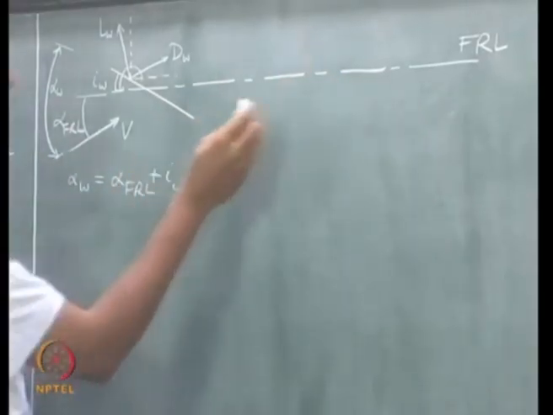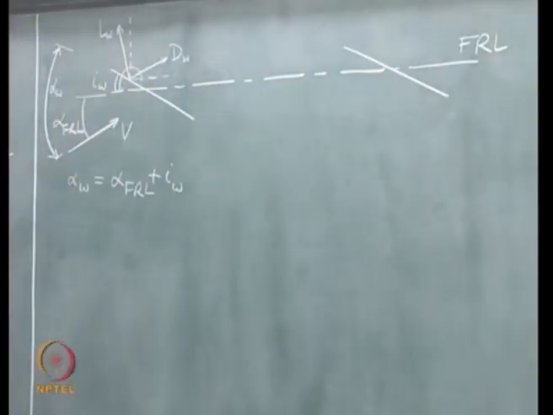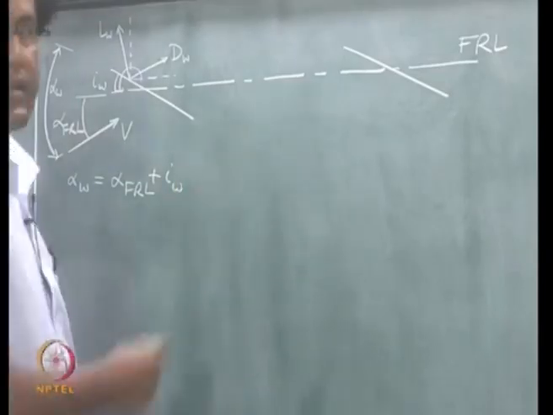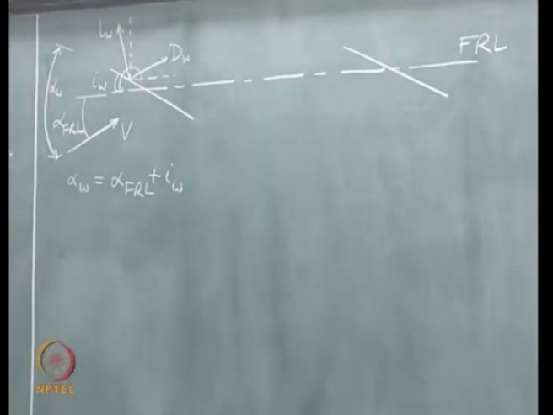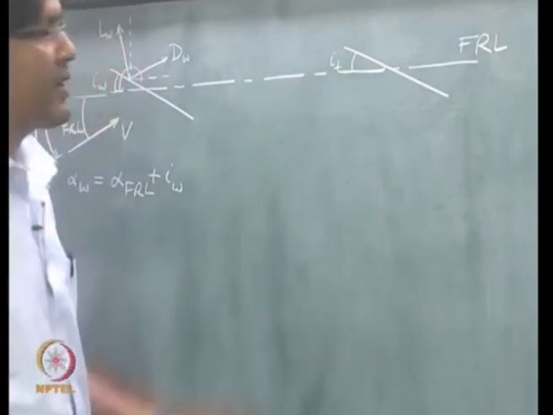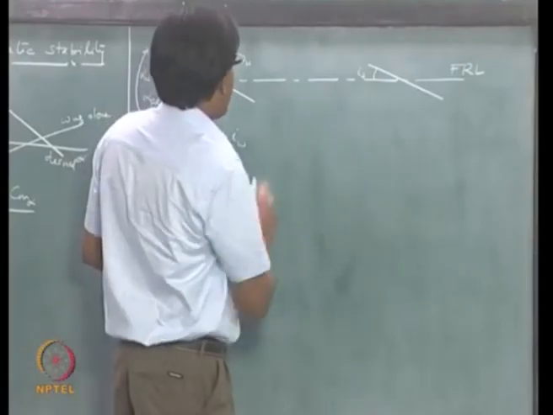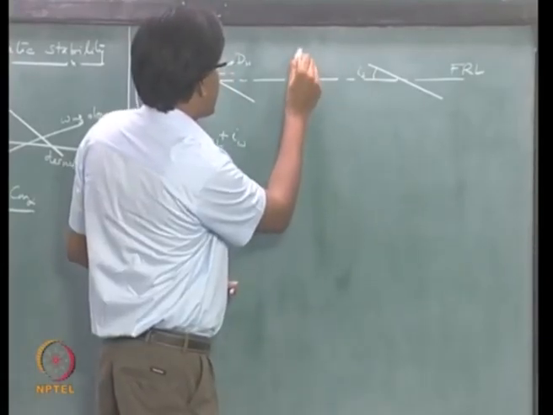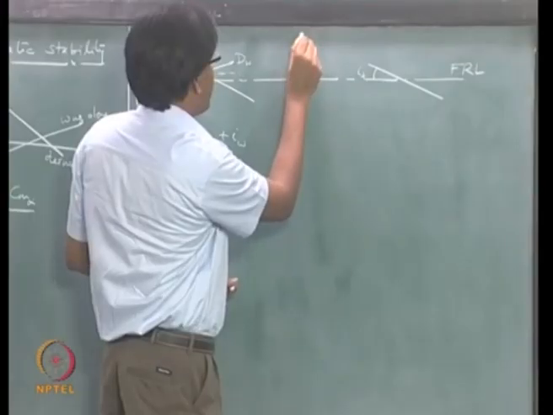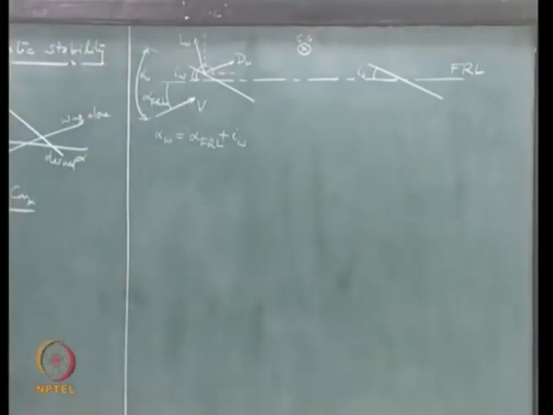So tail is also like a wing, a smaller wing, and is inclined at an angle IT to the fuselage reference line, right, and CG is located somewhere here, CG of the aircraft.